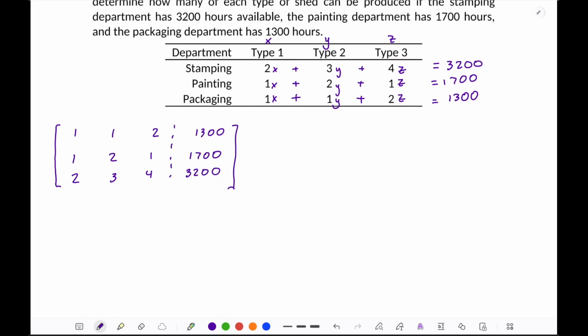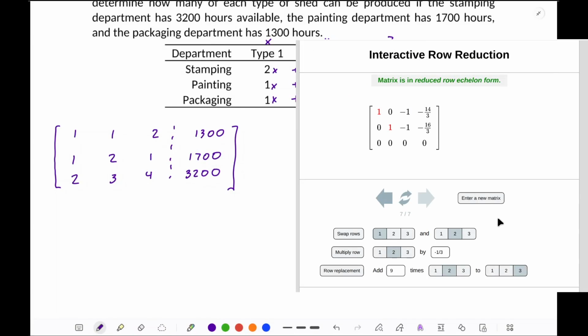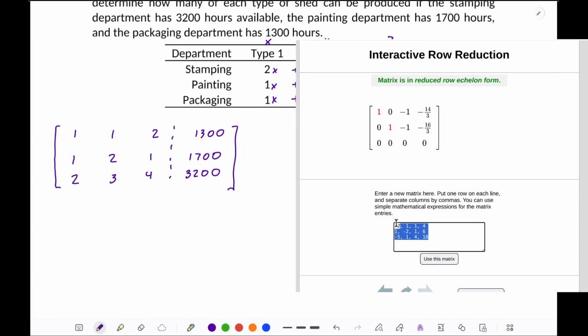So now let's go over to our calculator, enter a new matrix, put in our new numbers. Use that matrix.